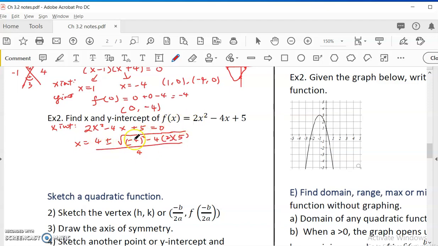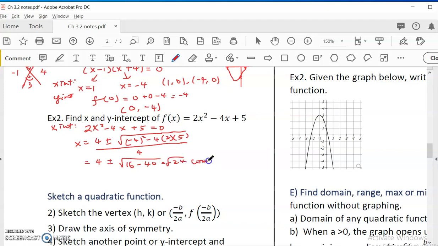We know this is facing up, so let's see where the x-intercept is. It could be an irrational number, but inside is 16 minus 40. That is the square root of negative 24, which is a complex number.